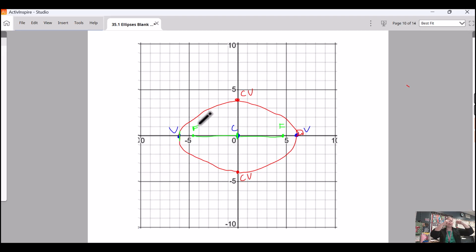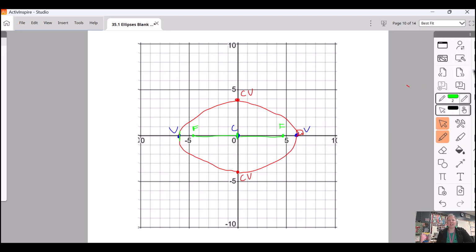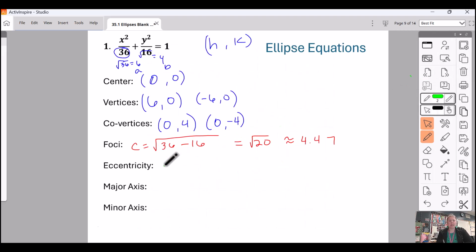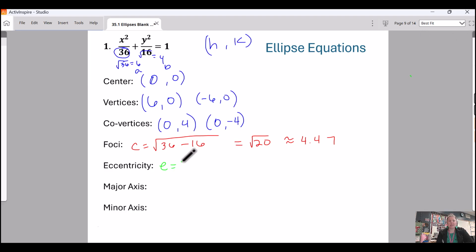The closer the focus point moves toward the vertex, the bigger that number is going to be, so the more stretched out it is, the higher the eccentricity is going to be. This is E, and E is equal to C over A.